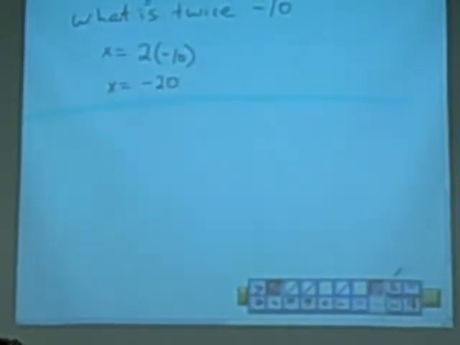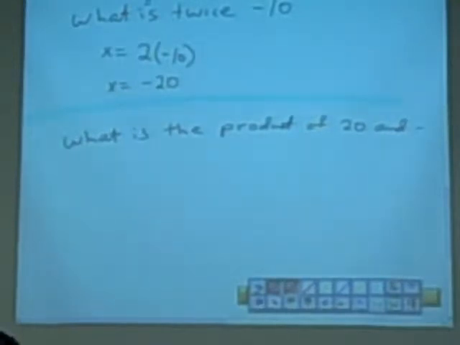Okay, let's say that we have what is the product of 20 and a negative 3. What is the product?